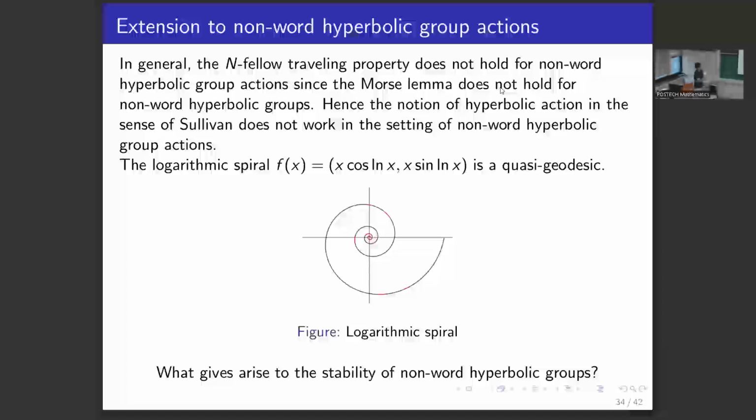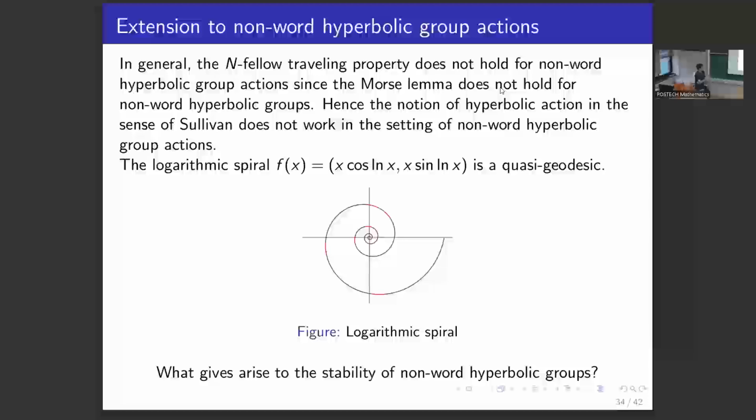So this is a quasi-geodesic in Euclidean space. In hyperbolic space, a quasi-geodesic gives just one point. That means that every quasi-geodesic in hyperbolic space defines one direction. But in the non-word hyperbolic case, it is not true anymore.